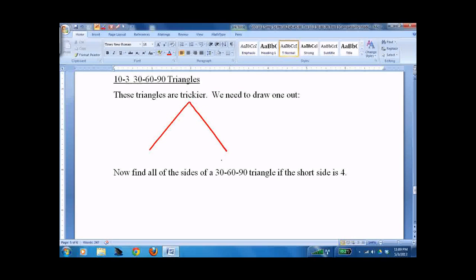So now we also have 30-60-90s, which are very tricky. The way to derive a 30-60-90 is off an equilateral triangle by cutting an altitude down the middle. And you'll see that if this is 4, this has to be 2. And the 30-60-90 is just this side over here.